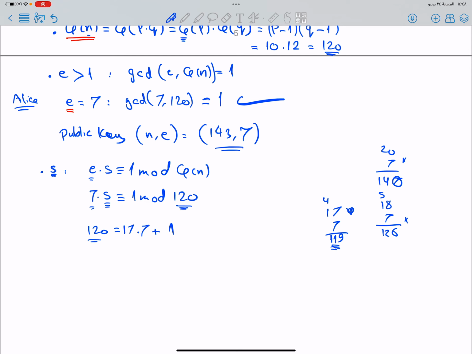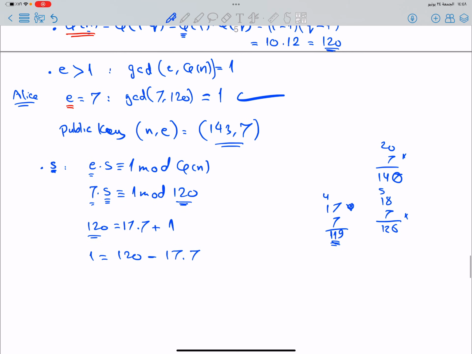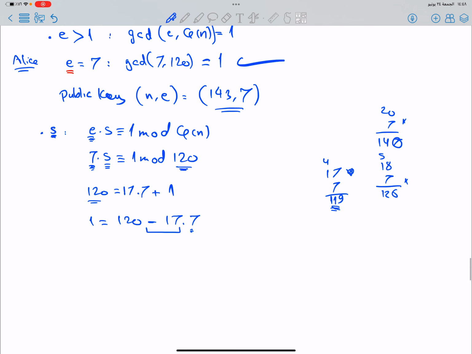Now 1 is equal to 120 minus 17 multiplied with 7. Now the number before 7, which is E, is the S. This is the number.